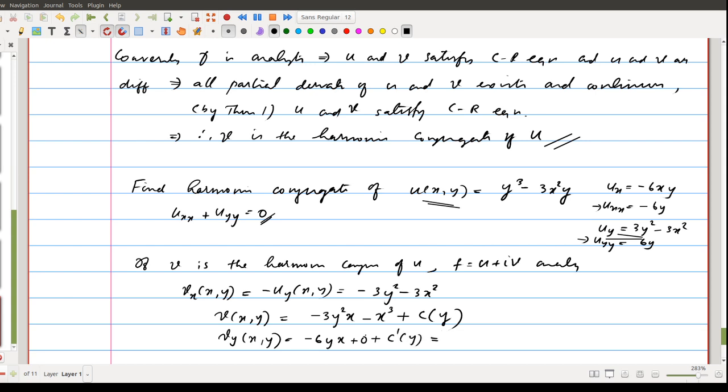We know that since u and v are components of an analytic function, v y is the same as u x, and u x can be obtained from this, so that is minus 6xy. So by solving this, you will get minus 6yx plus c dash of y is equal to minus 6yx.